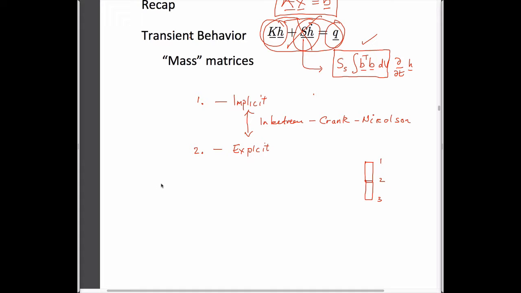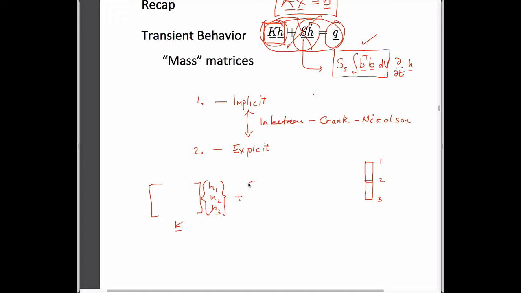It's going to look something like a K matrix, which operates on nodal values of heads at nodes 1, 2, and 3. So that's this component.